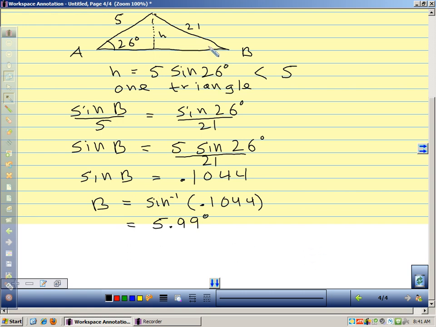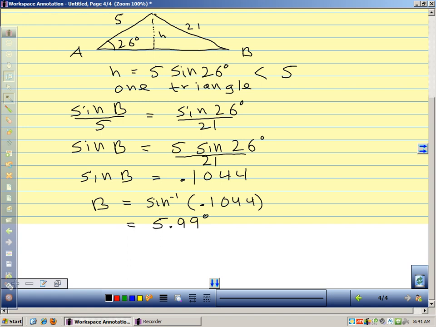Once I have angle B, I can figure out angle C because all of the angles in our triangle have to add up to 180. And then I can use the law of sines again to find side C. So I can find the rest of the sides and the rest of the angles once I figure out this angle. Does that make sense?